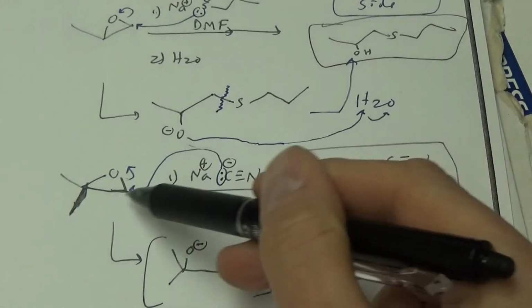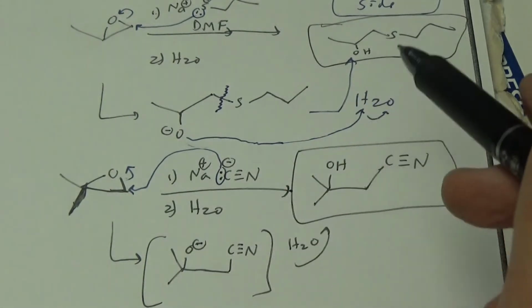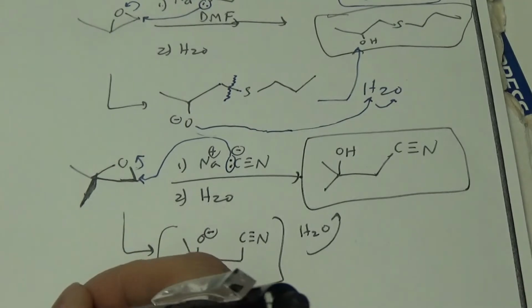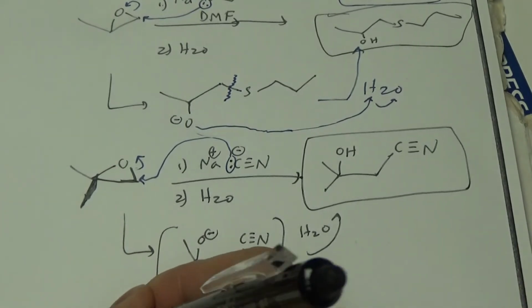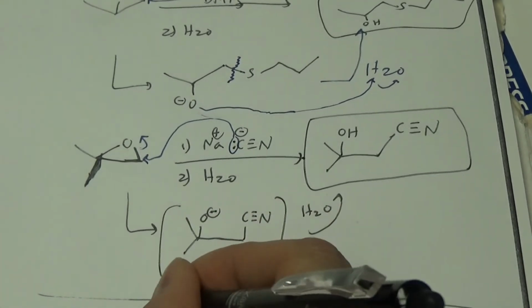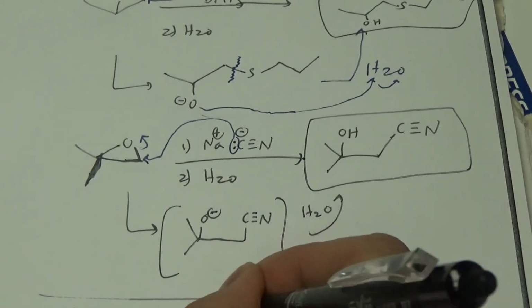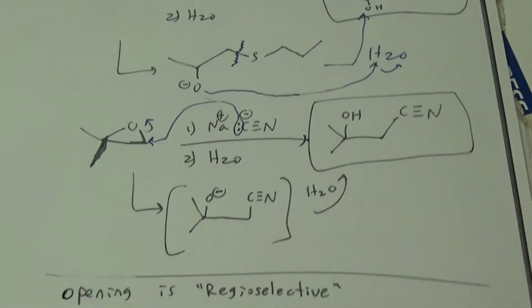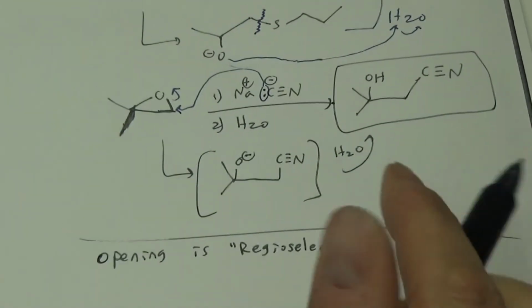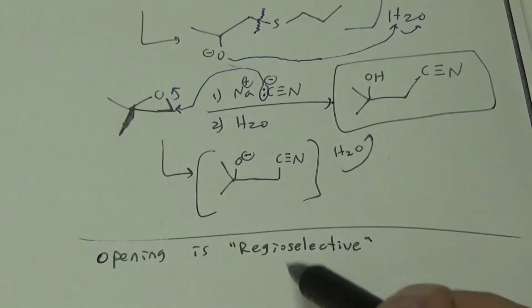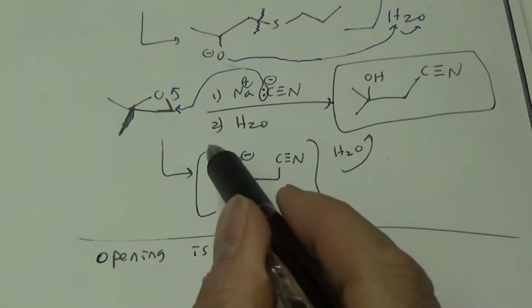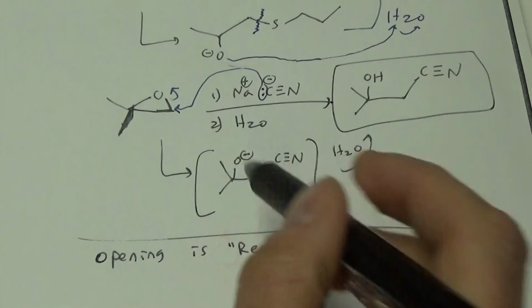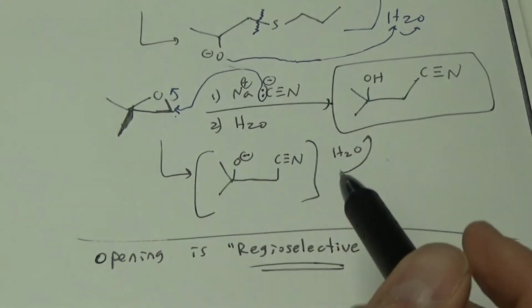The epoxide gets opened up to make alcohols. We call this opening regioselective. Regioselective just means that it's attacking the least hindered side. It's specific to a region of the molecule.